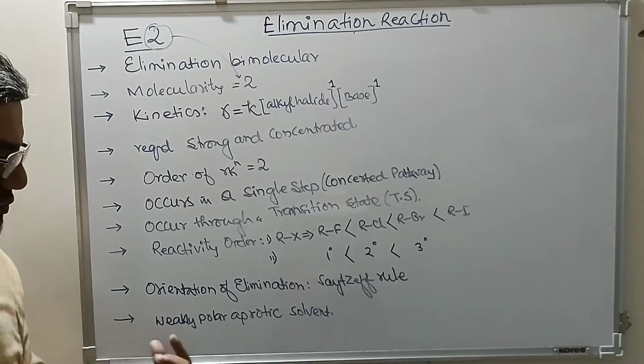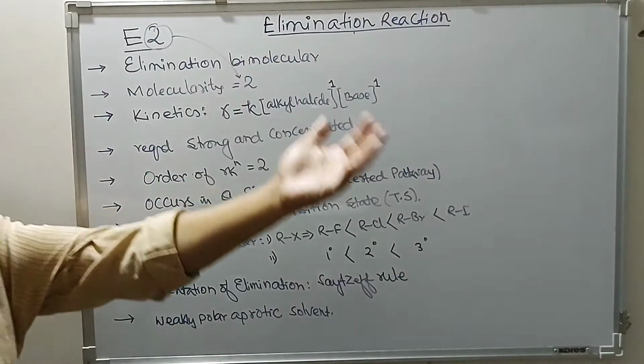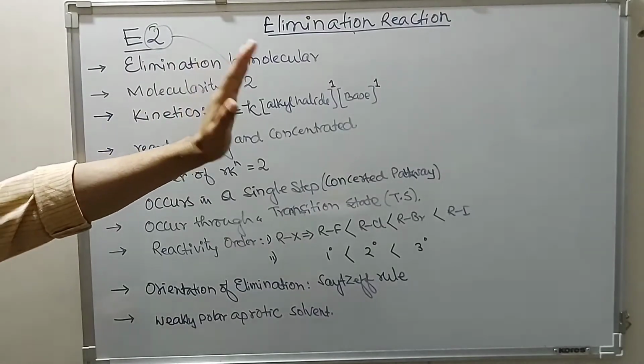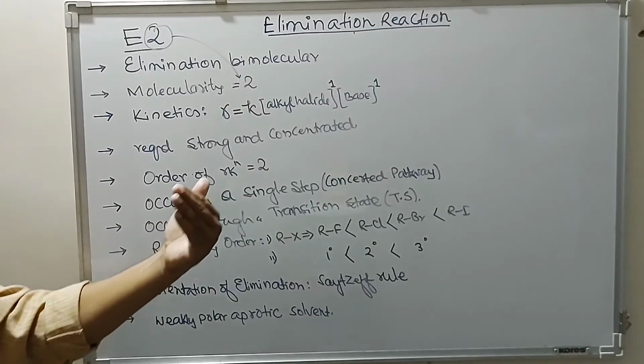If we increase the polarity of the solvent, then the mechanism may shift from E2 to some other mechanism. So E2 reaction is favorable in weakly polar aprotic solvent. These are some of the important features that we are going to discuss in this elimination bimolecular pathway. All these features can be explained when we take up the mechanism.